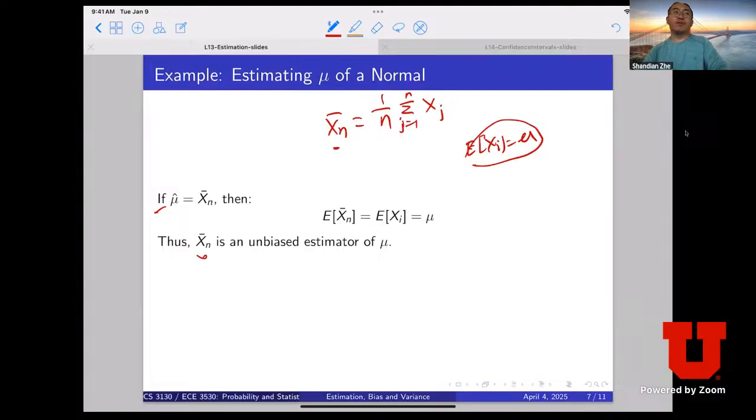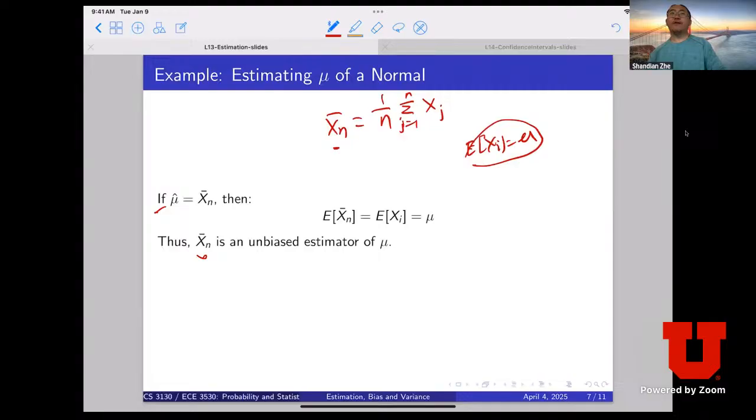Why is the sample mean an unbiased estimator of the true mean? Yes, exactly right.